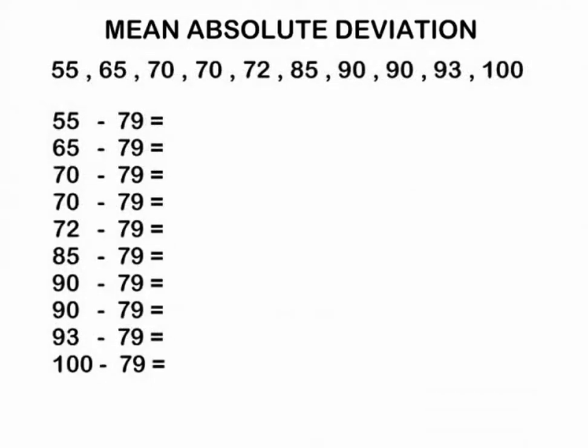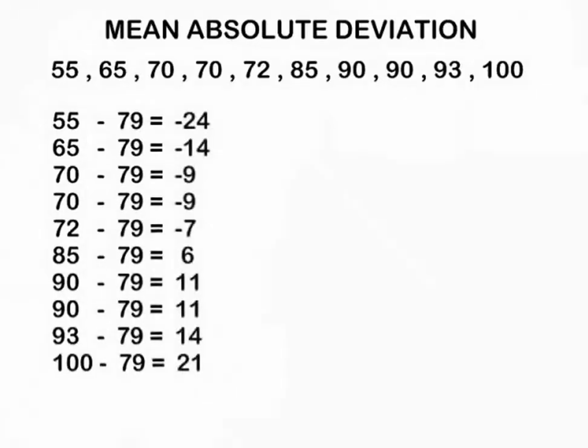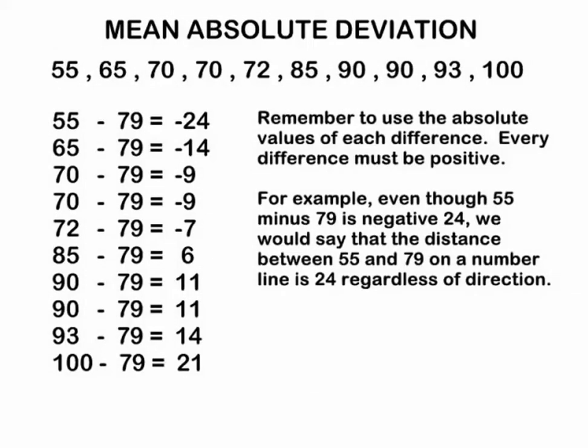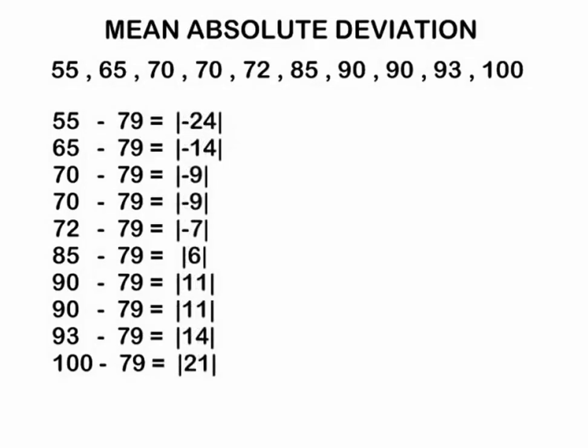After you have subtracted each element, you have to remember to use the absolute values of each difference. For example, even though 55 minus 79 is negative 24, we would say that the distance between 55 and 79 on the number line is 24, regardless of the direction. So always make sure to express the difference of each element from the mean as a positive number.